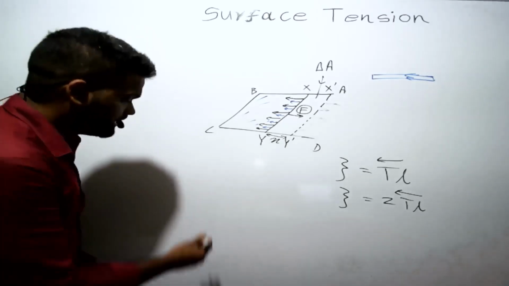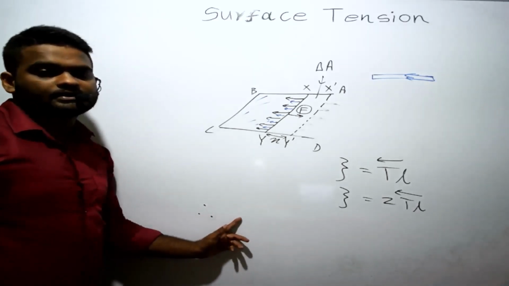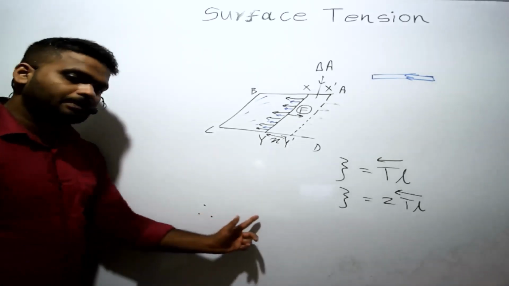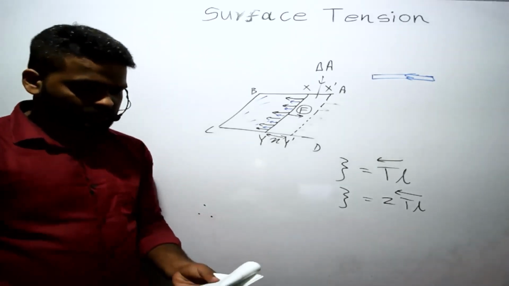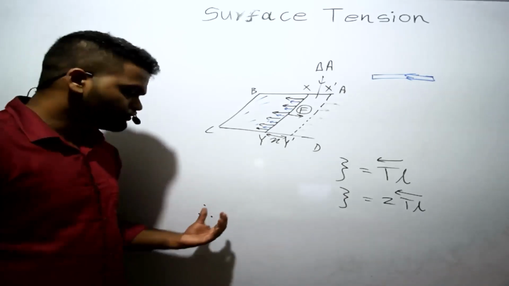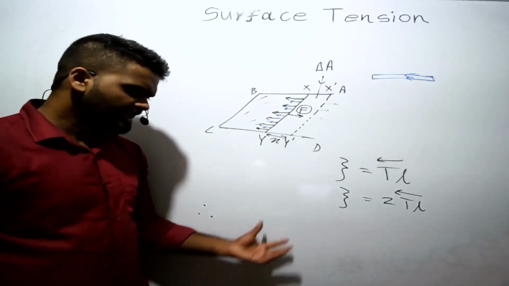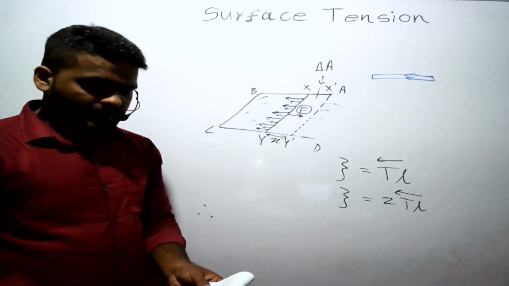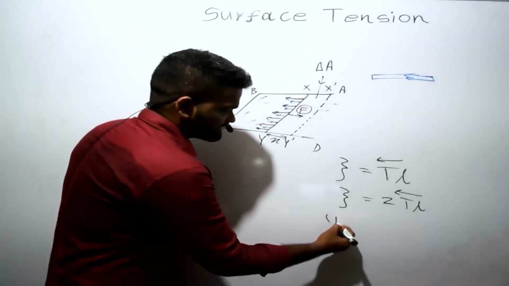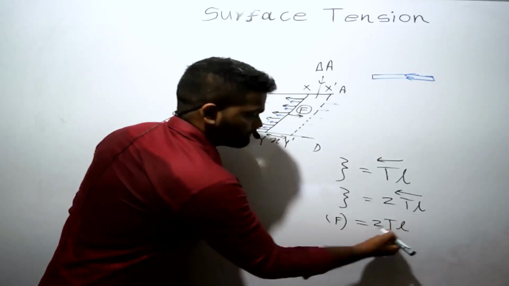Below that, therefore, force required to be applied to move the wire XY at constant velocity, within brackets capital F, should be equal to what? You need to apply 2TL, right?